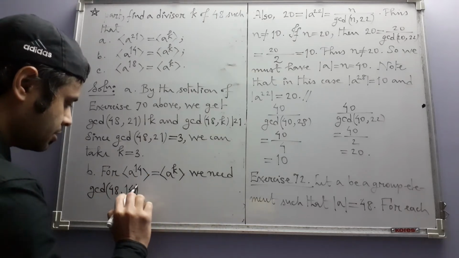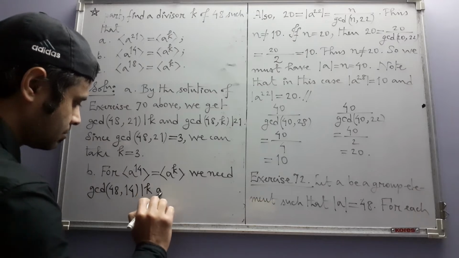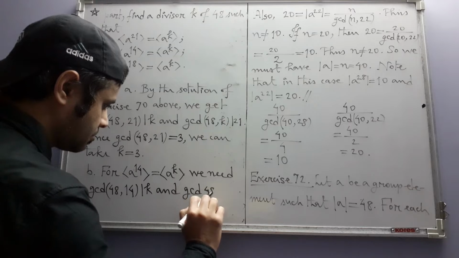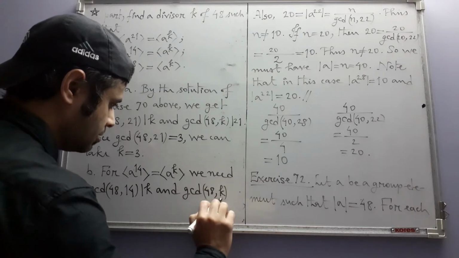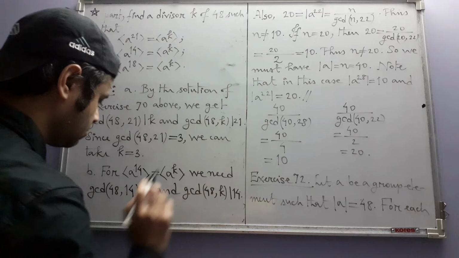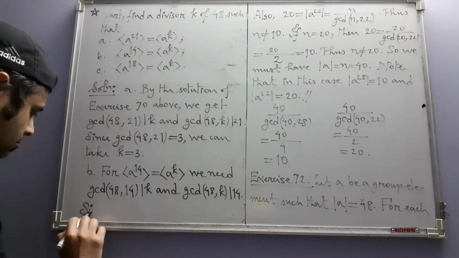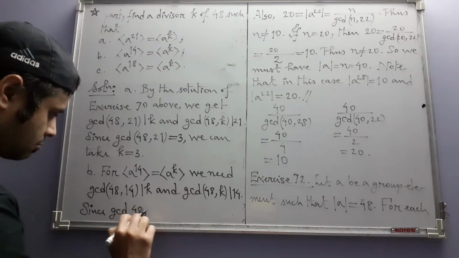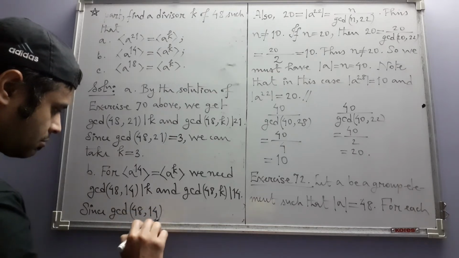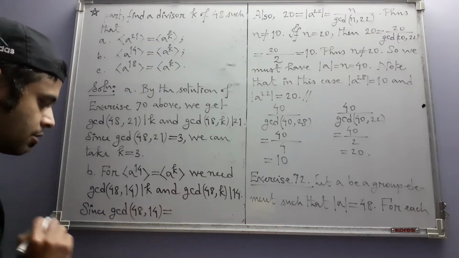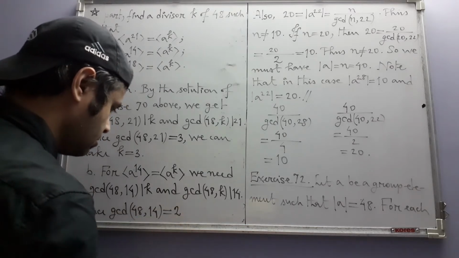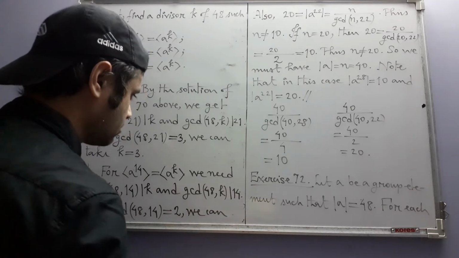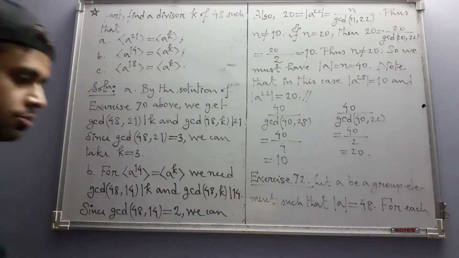We need this GCD to divide K, and we need this GCD to divide 14. This one again, 7 does not divide 48, so this GCD is 2. So there it was 3, here it's 2.